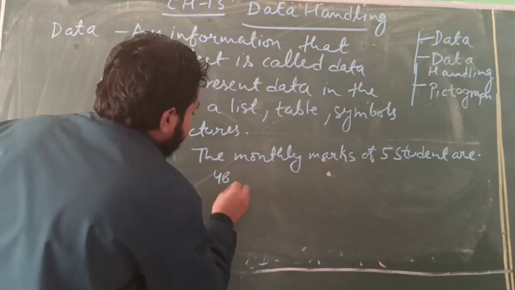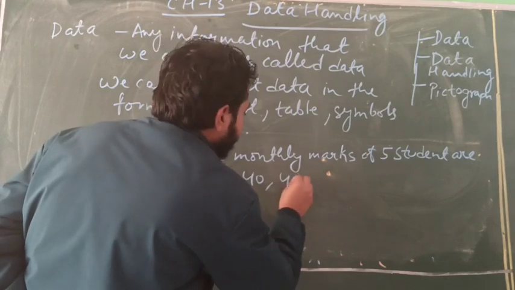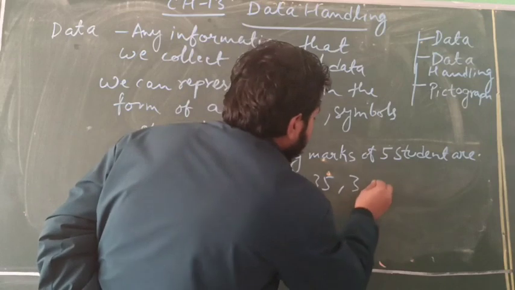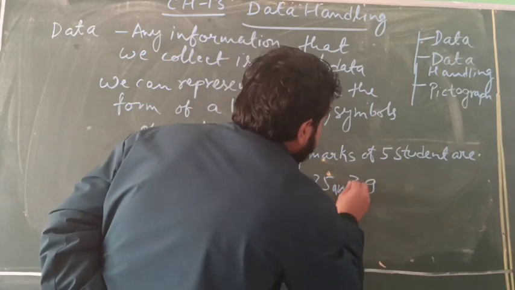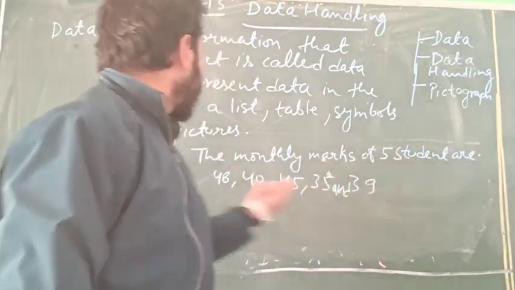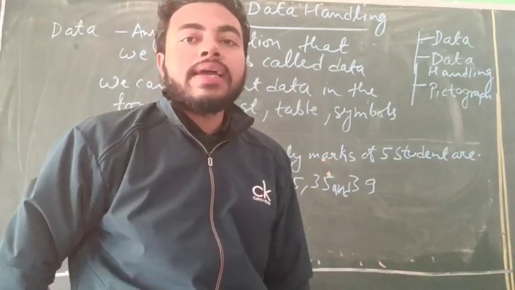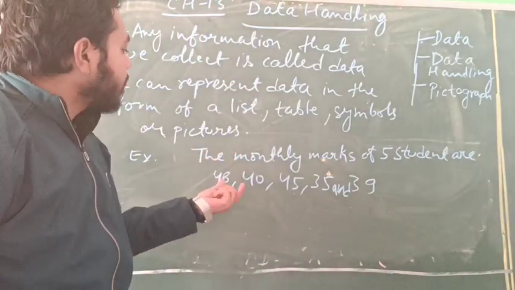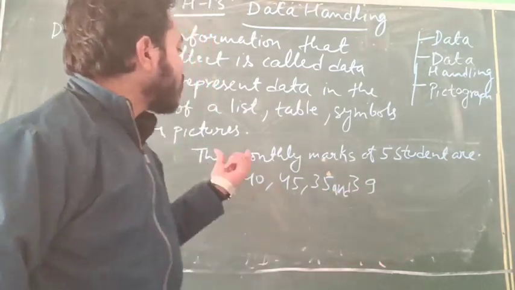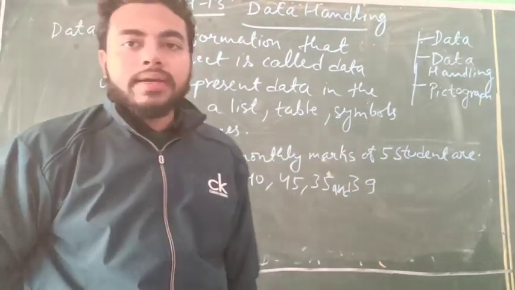So 48, 40, 45, 35 and 39. So you see that the monthly marks of 5 students are 48, 40, 45, 35 and 39. This is numerical data.